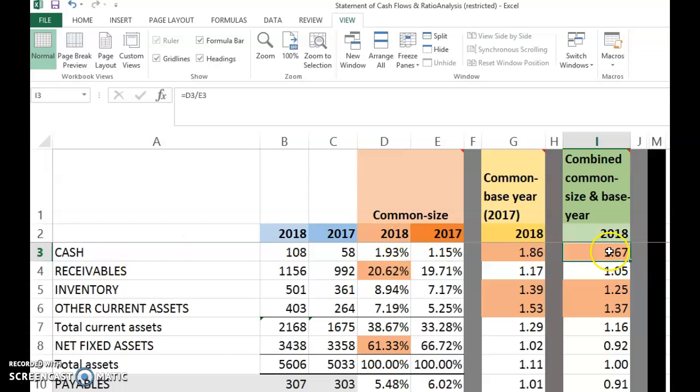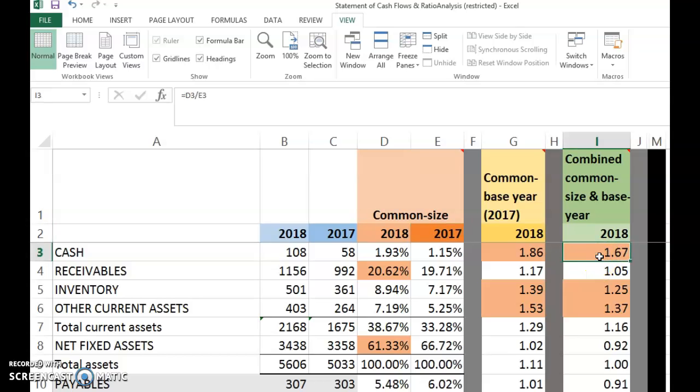So how do you interpret this 1.67? It says the cash as a proportion of total assets in 2018 was 1.67 times the cash as a proportion of total assets in the base year, or 2017.